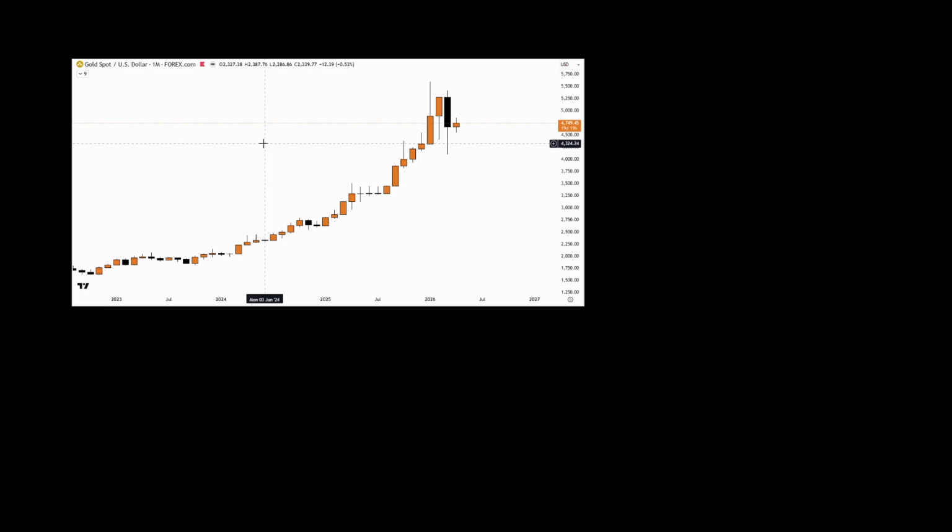Tools like VSA, Autoflow, harmonic patterns, black box algos. Again, all of these tools help us as futures or forex traders identify the line in the sand.